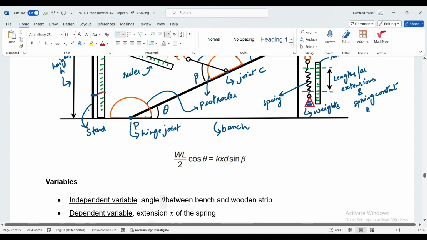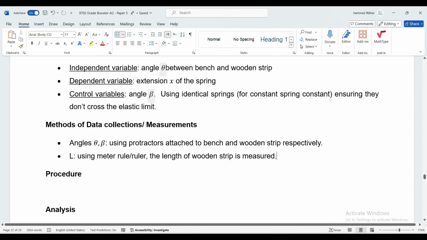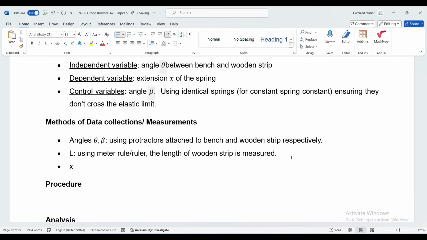And what else do we have? Extension x, using a ruler to measure changes in length, measure the difference in extended lengths and unstretched lengths.